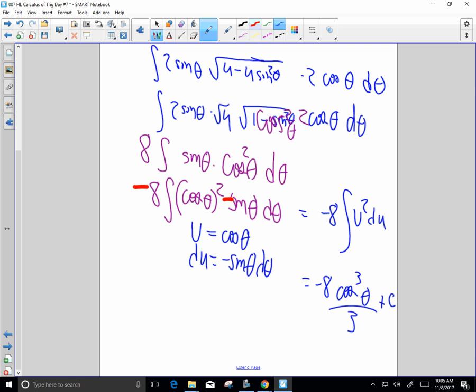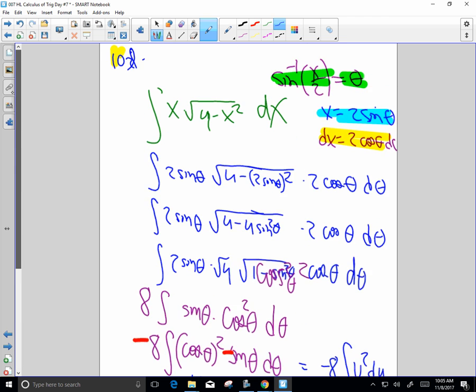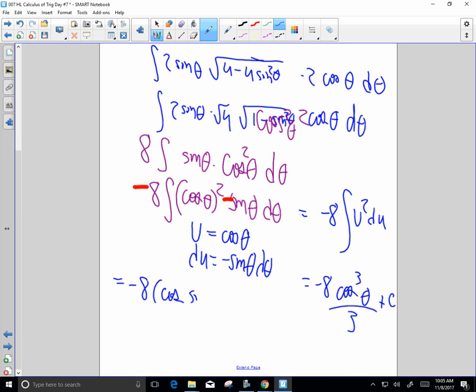Are we done? Not done yet. So this is equal to negative 8 cosine of theta, and you said theta way at the beginning could be replaced with inverse sine of x over 2. And what do you do if you have the cosine of the inverse sine in parentheses?